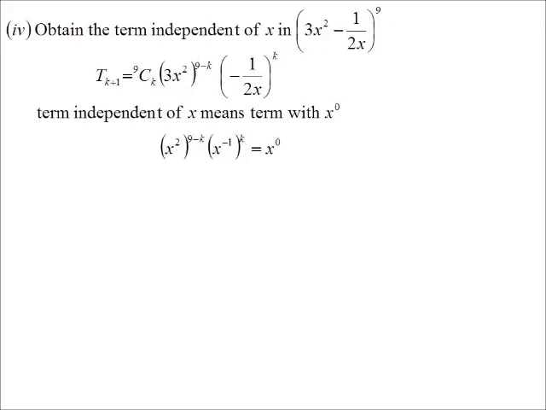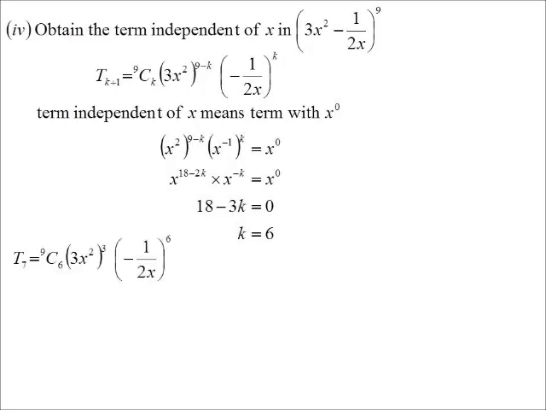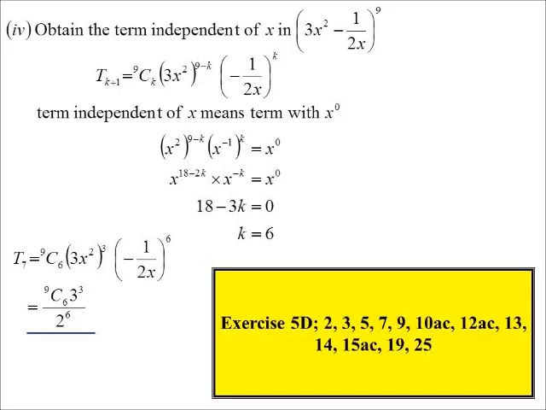So x squared to the power of 9 minus k, x to the negative 1 to the power of k will be x to the power of 0. Playing with our index laws, we end up with k being 6. So we now know it's the 7th term. So subbing that back in, there's the unsimplified answer, 9C6, 3 cubed over 2 to the power of 6. Okay, 5D.